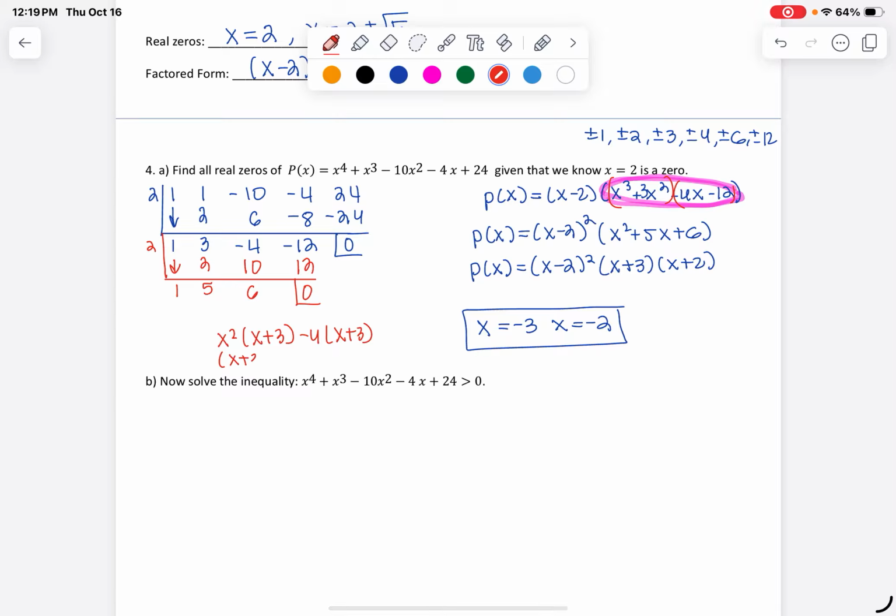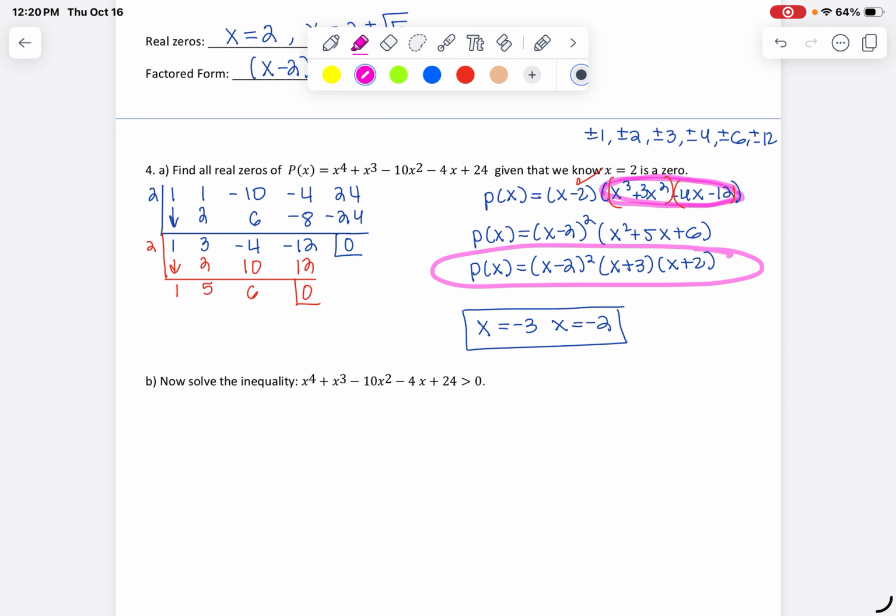So this factors to x plus 3 times x squared minus 4, which factors to x plus 2 times x minus 2, and then you could say x equals -3, x equals -2, and x equals 2, along with x equals 2 right here. See that? Okay, but that doesn't always become factorable by grouping. You have to know this way also. All right, so this was it completely factored, and these are the remaining zeros.